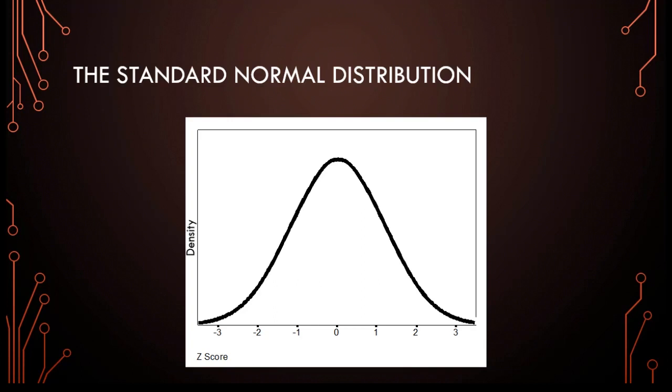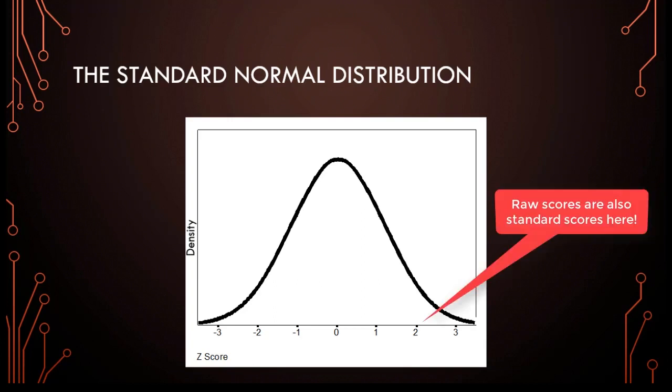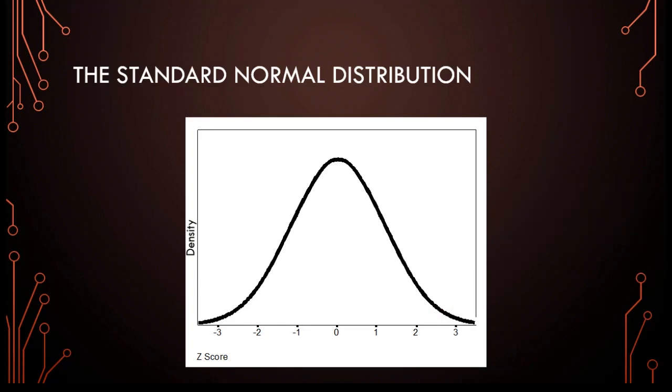On the standard normal distribution, these are the same. Note in this picture the z-scores of -3 and +3. These are both 3 standard deviations from the mean. So we should expect over 99% of the distribution to be between these two scores. And isn't that what it looks like in the picture?